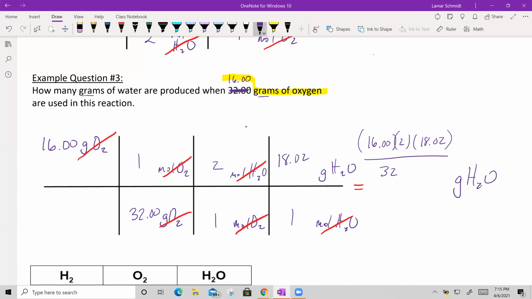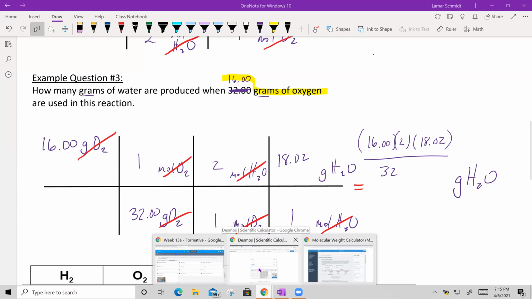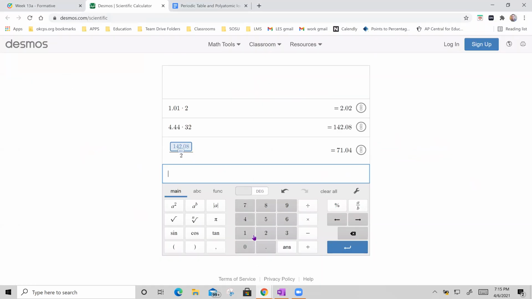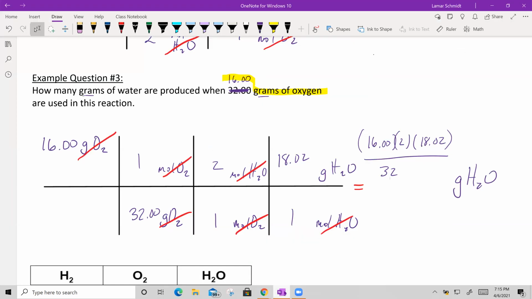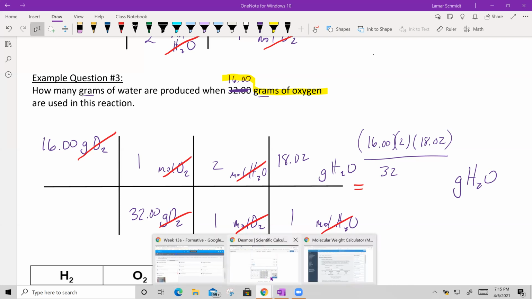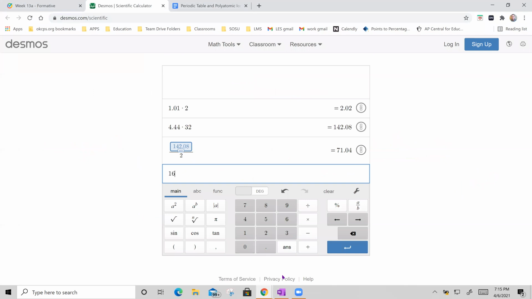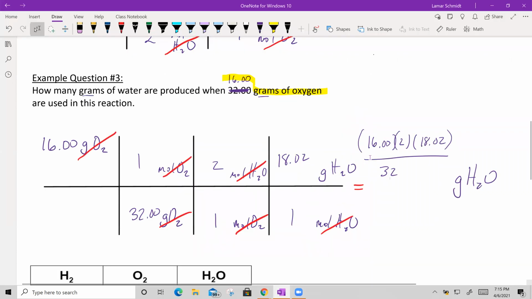All right. And so let's plug that into our Desmos. All right. I think we say that in third hour, maybe a little more aggressively than anywhere else. So we had 16 times 2 times 18.02. So we're going to say 16 times 2 times 18.02, and we get 576.64. And then we're going to divide that by 32.